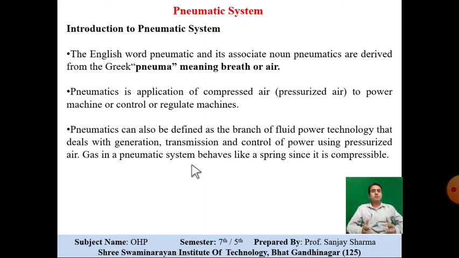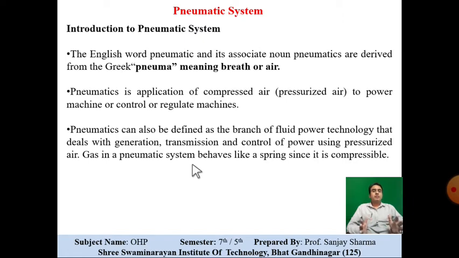That is why it is possible that we can compress the air. The liquid, for example, let us take oil or water, we can pressurize it but we cannot compress it, we cannot decrease its volume.